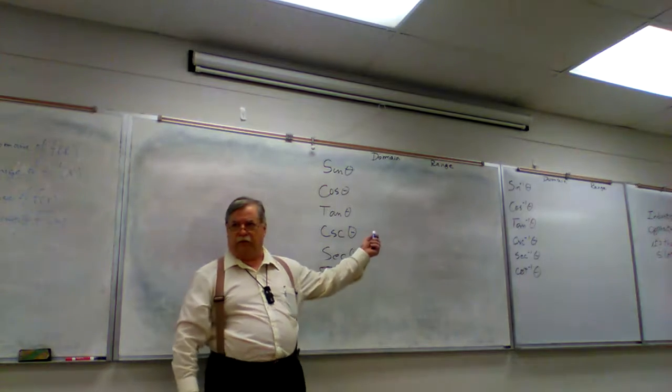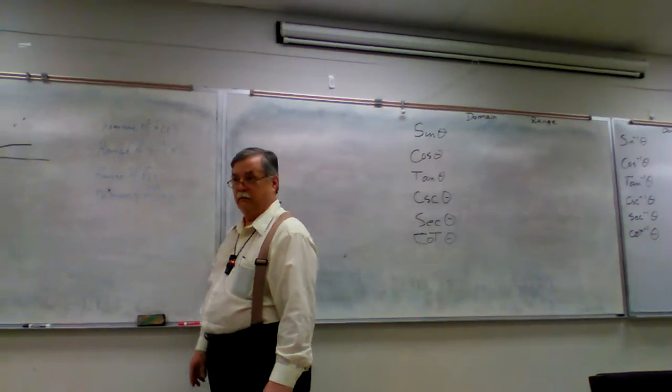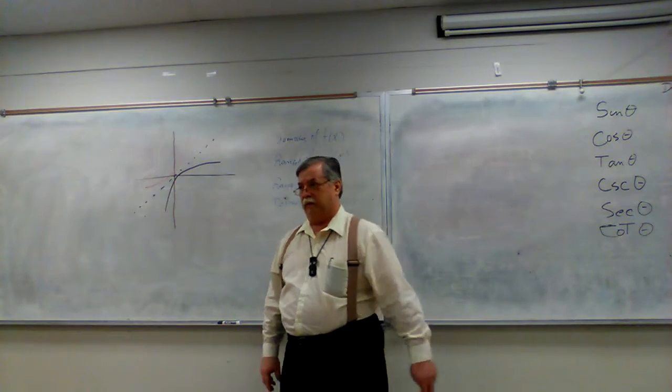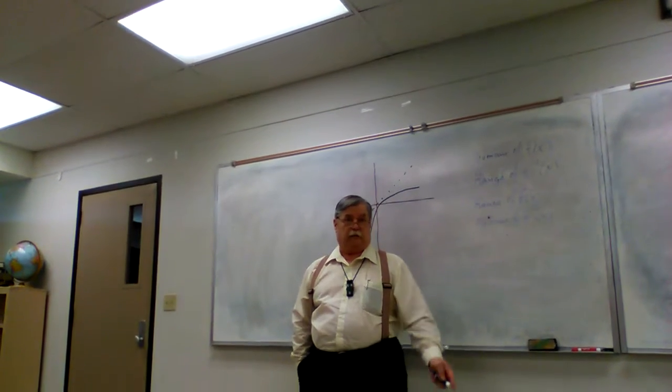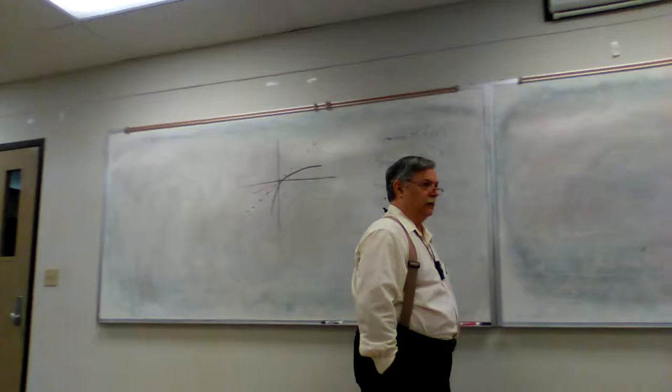You're all familiar at least with the trigonometric functions right now. Not a single one of them is 1 to 1. They are all periodic, that's kind of by definition. They go around a circle.